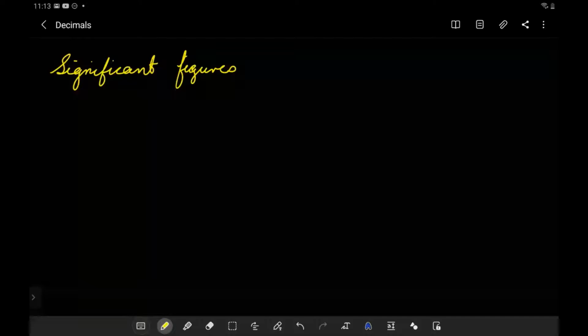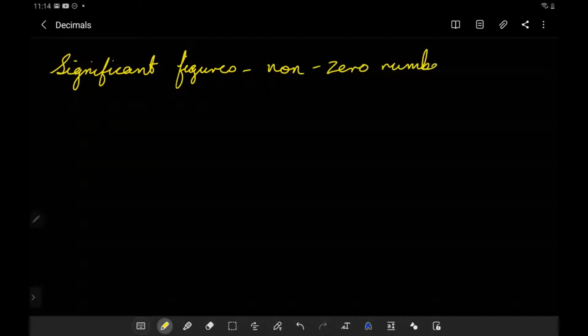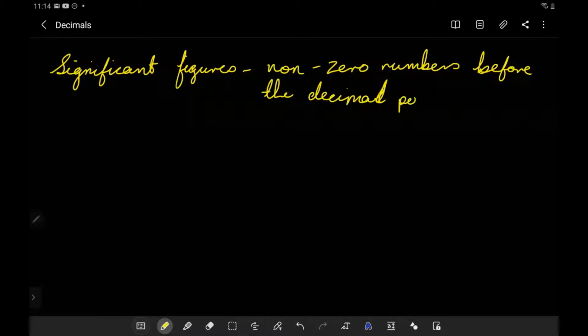All right. So what I was saying was that non-zero numbers before the decimal point are defined as significant numbers.